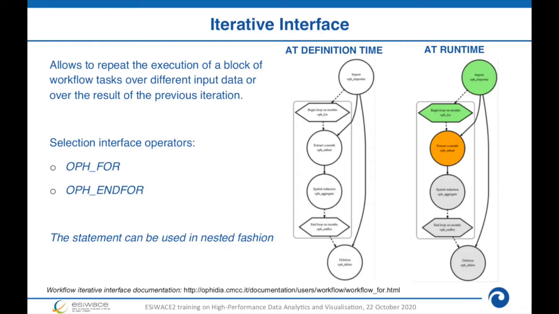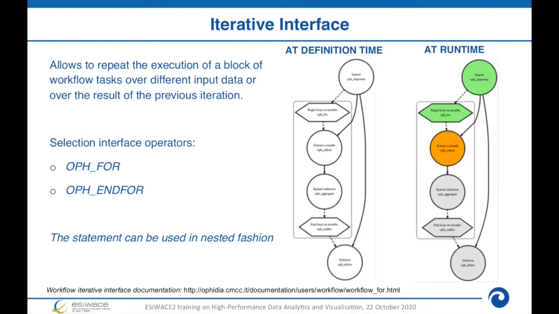Here we can see one of these interfaces, which is interesting to show. This is the interface which allows the iterative execution of blocks of tasks. So basically, this models the abstraction of a for construct. It allows to run a sequential iteration of tasks based on a certain condition, and this can be embedded into the workflow or provided at runtime as an argument of the workflow.